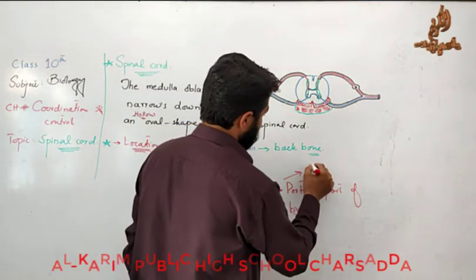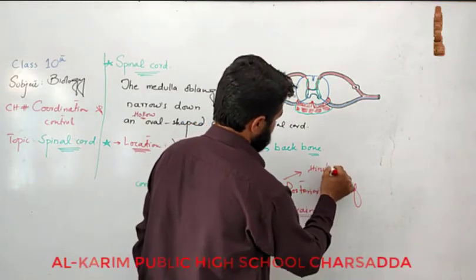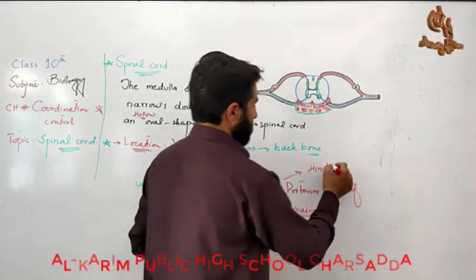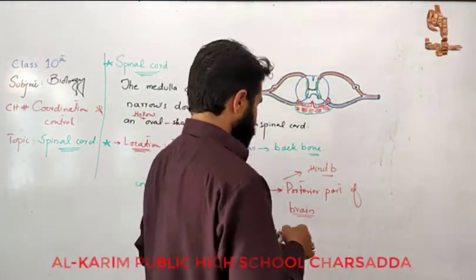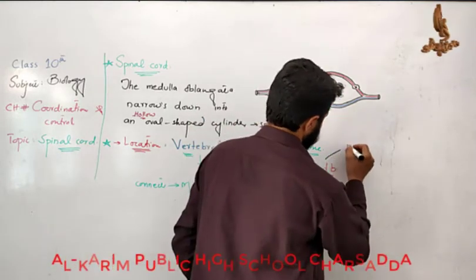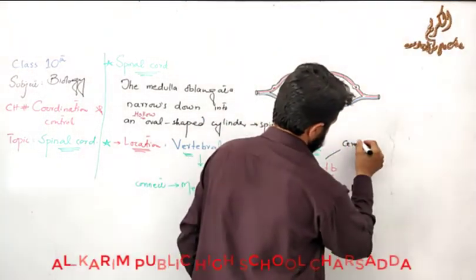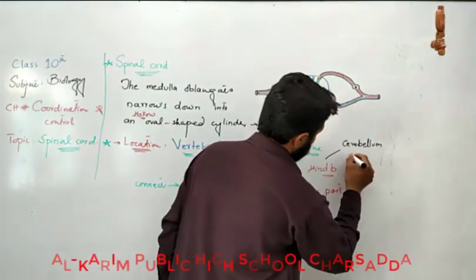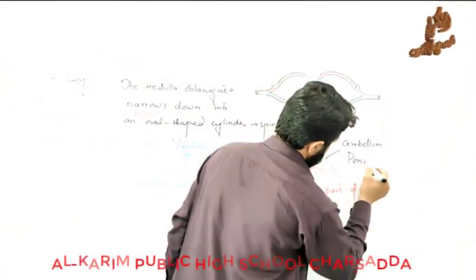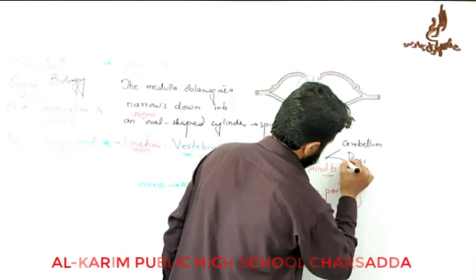Of hind brain. All of you know about that. The hind brain consists of three subparts, that is cerebellum, pons, and medulla oblongata.